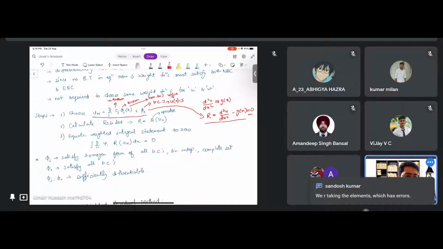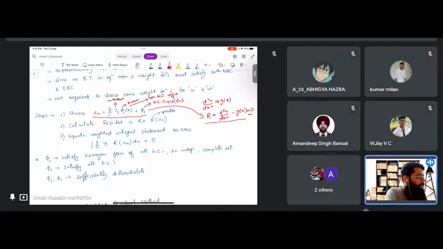Right, okay, we're taking elements. Not exactly elements, but we are basically taking the approximation for u. So if this is our differential equation, and we substitute the exact solution for u here, then of course we should get 0. But we don't know the exact solution, right?